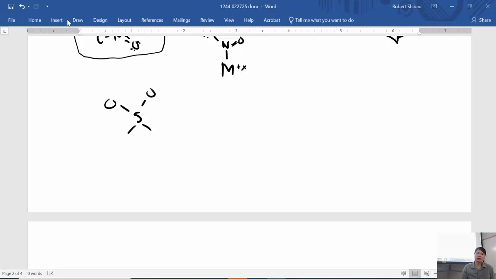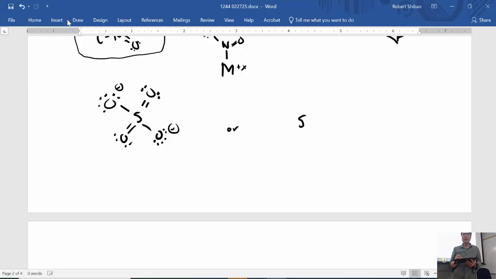Now, when we do sulfate, there are two ways that the Lewis structure is traditionally written. The most common way is 2 double bonds, 2 single bonds, with a negative formal charge on this oxygen and a negative formal charge on that oxygen. And the reason that this is good is because the formal charges have been minimized here.